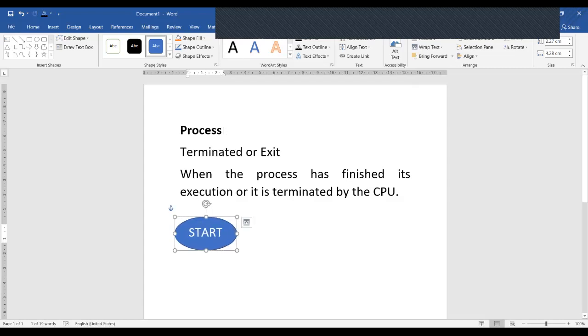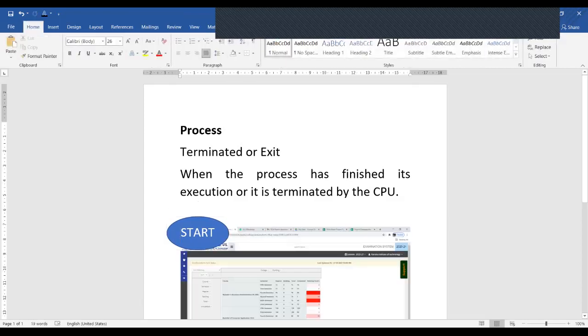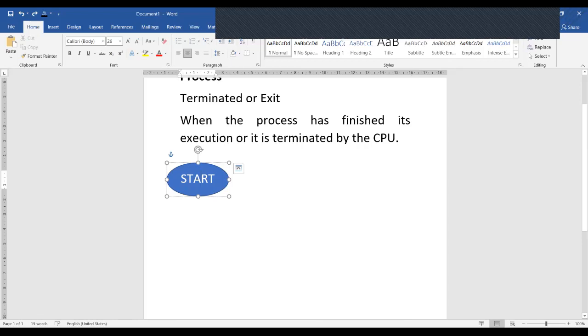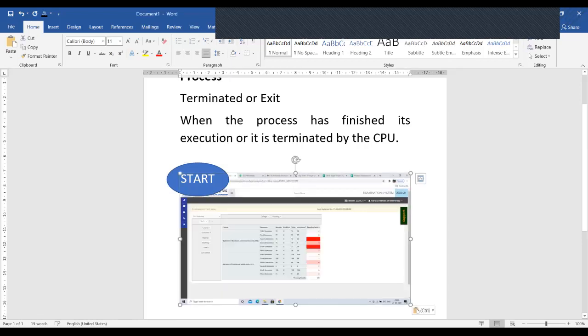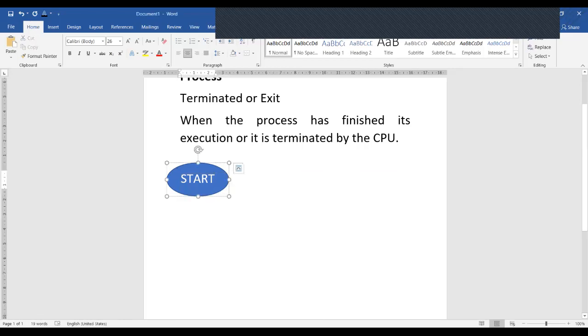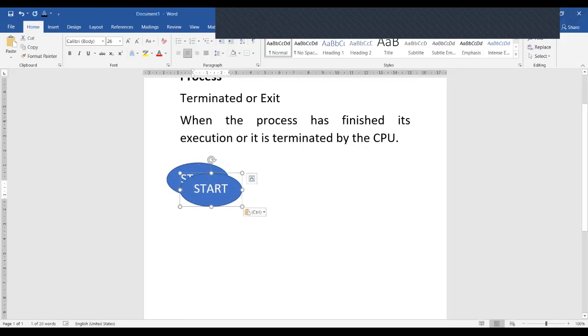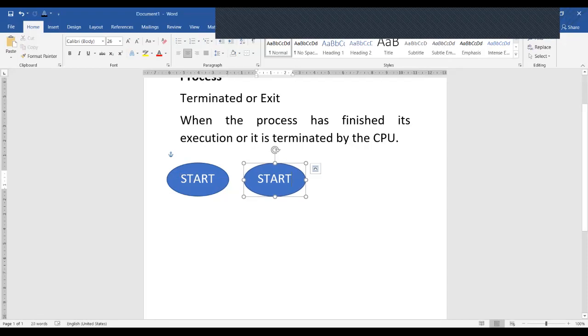We will write as start. There will be another state, and this state is called a ready state.